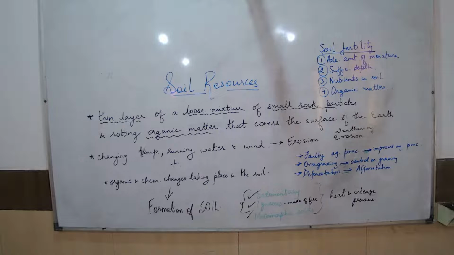Black soil covers about 15% of the total land area of the country. Covers most of the Deccan Plateau, correct? This entire thing is Deccan Plateau. So this is covering a good proportion of the Deccan Plateau. Parts of Maharashtra, Madhya Pradesh, and some parts of Tamil Nadu, that is here.